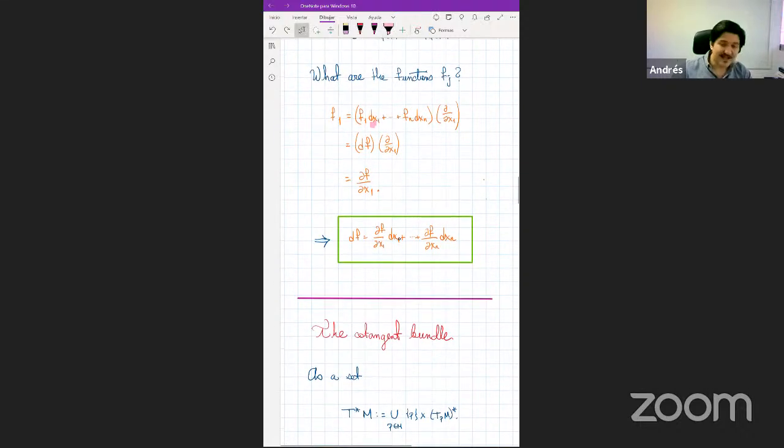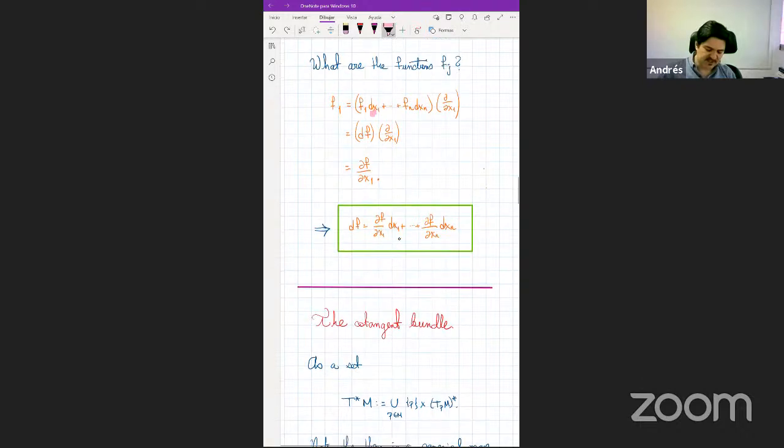So first of all, as I said, the cotangent bundle is the collection of all of the duals of the tangent spaces. So this is the definition. Just as I said, the collection of all the duals for each point on the manifold. So far, this is only a set.